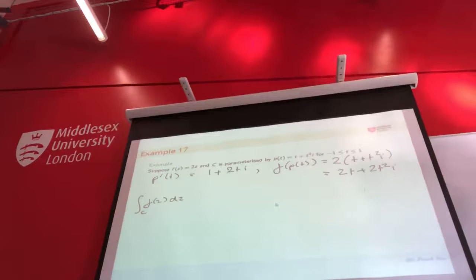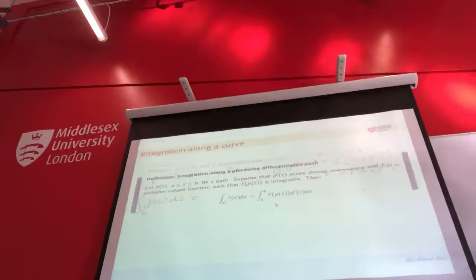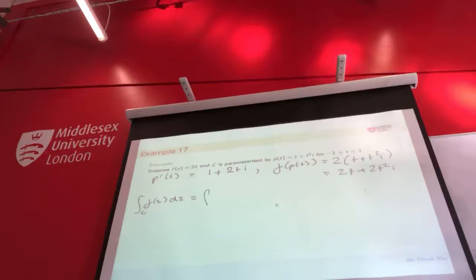So let's go back to the definition. The integral along that curve C of f of z dz is the integral of f of p of t multiplied by the derivative. So you've got this is f of p of t.